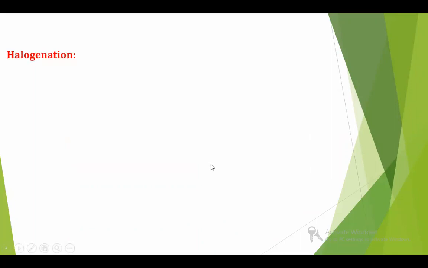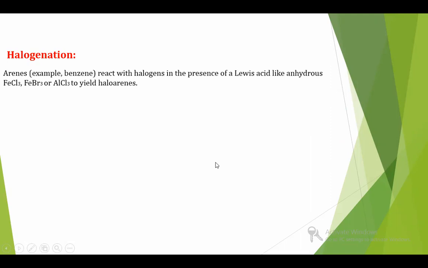Next, halogenation. The name itself indicates halogen, group 17. Arenes are benzenes. Benzene reacts with a halogen in the presence of a Lewis acid.